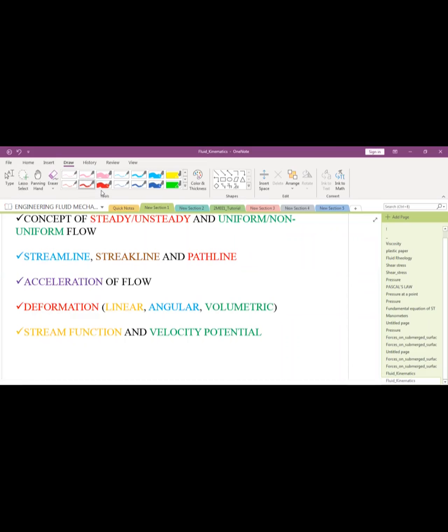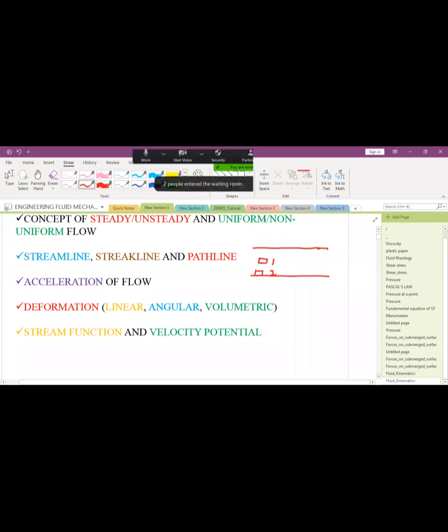For instance, अगर मैं बताऊं आपको, say this is a channel, and there is a fluid element just here and another fluid element just here. What will be the difference between these two elements, 1 and 2, when they are moving? This is the surface.